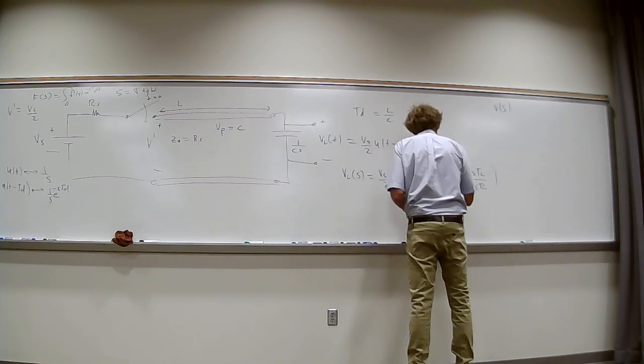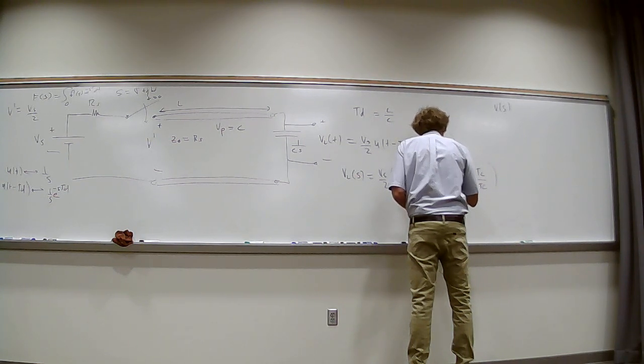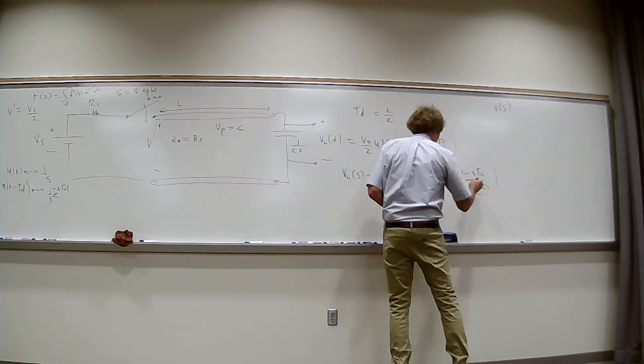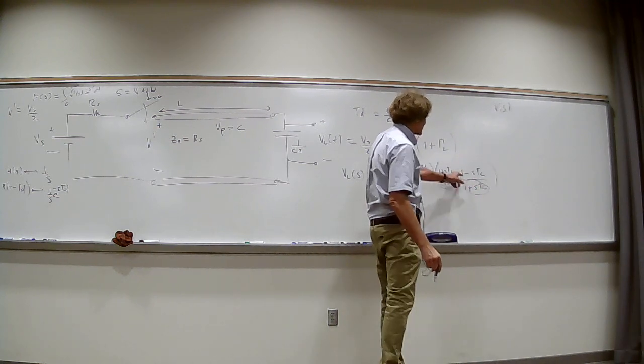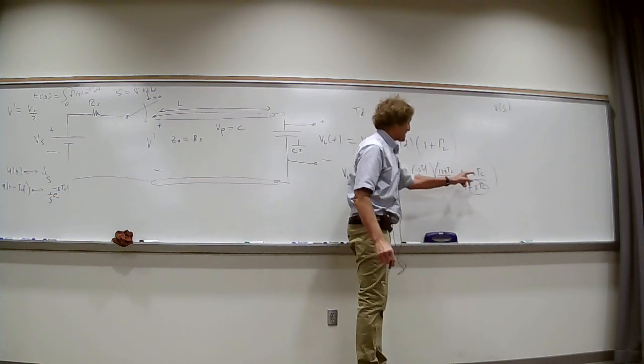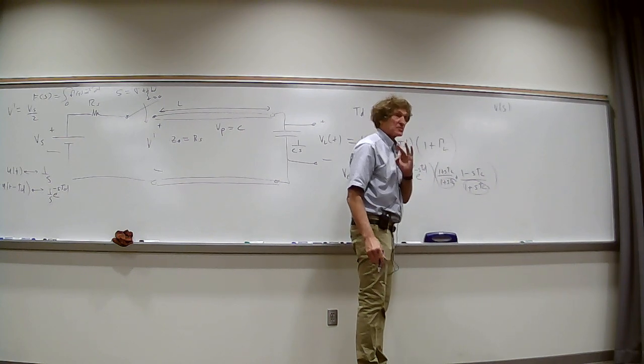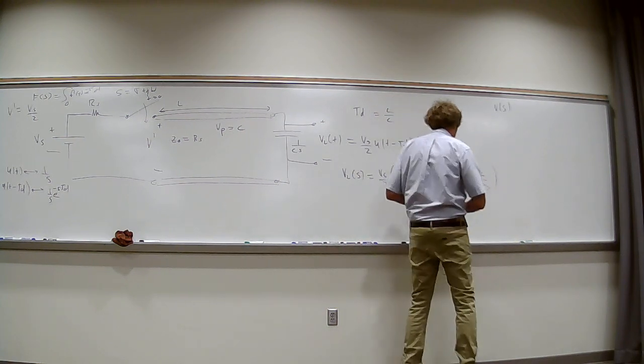So now I have (1 plus sτC) plus (1 minus sτC), over 1 plus sτC. Now, this is a common denominator. Then you can see 1 plus 1 is 2. sτC minus sτC is going to be 0, so I have 2 over 1 plus sτC.